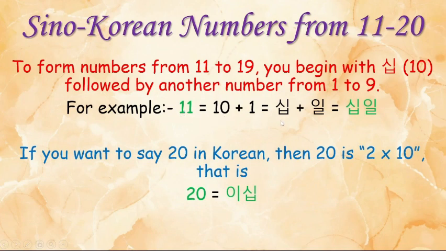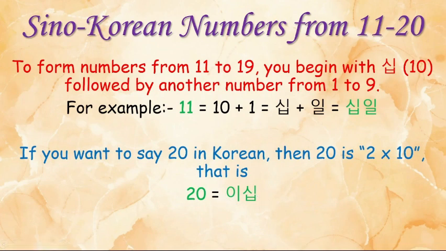So 10 in Korean is shib and 1 is il. So 11 is shib il. So this is very easy to learn. Now if you want to say 20 in Korean, then 20 is simply 2 times 10. 2 in Korean is E and 10 is shib. So 20 is E shib.